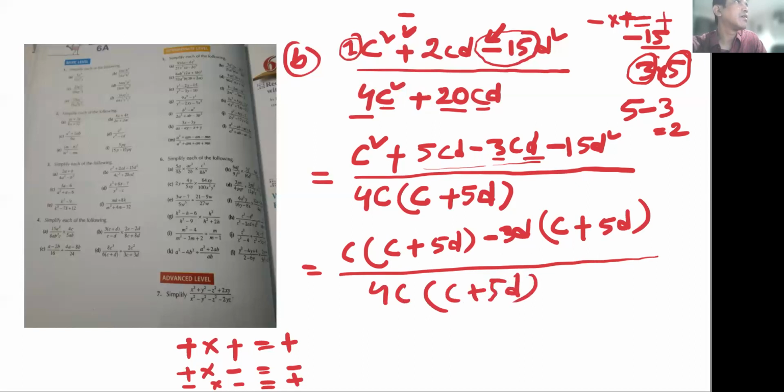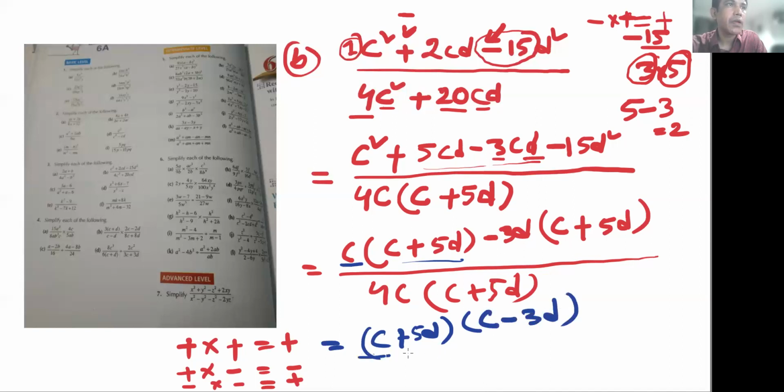Now we can rearrange. Let's take C plus 5D common first. This is multiplication, so we will have C minus 3D remaining, divided by 4C into C plus 5D.